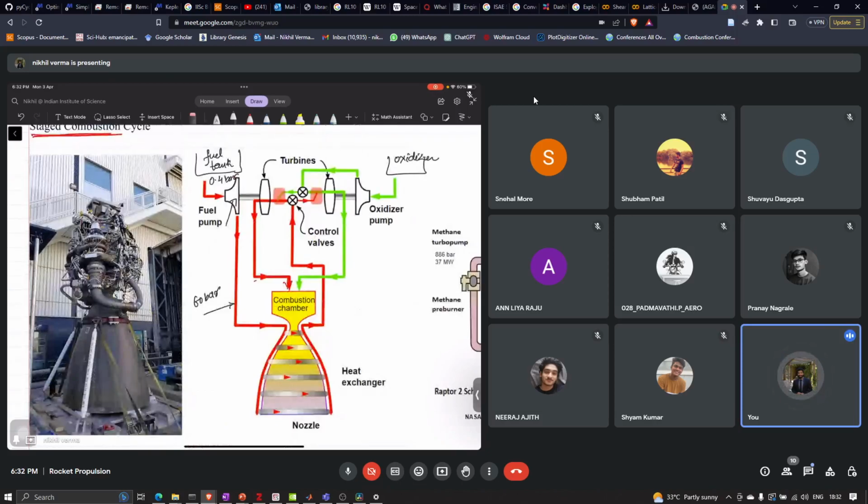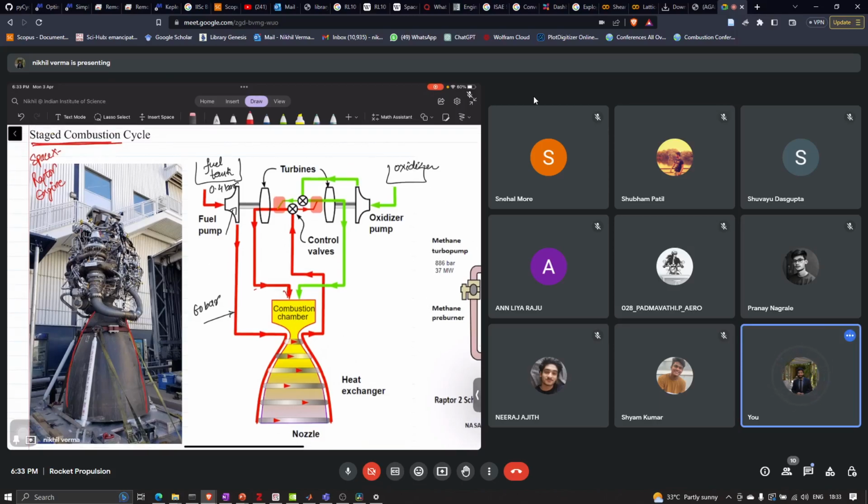We also use regenerative cooling for this, since the nozzle is the part where the high-temperature combustion gases are expelled out. This is the nozzle part of a rocket engine, this is a Raptor engine, again from SpaceX, which uses the staged combustion cycle.